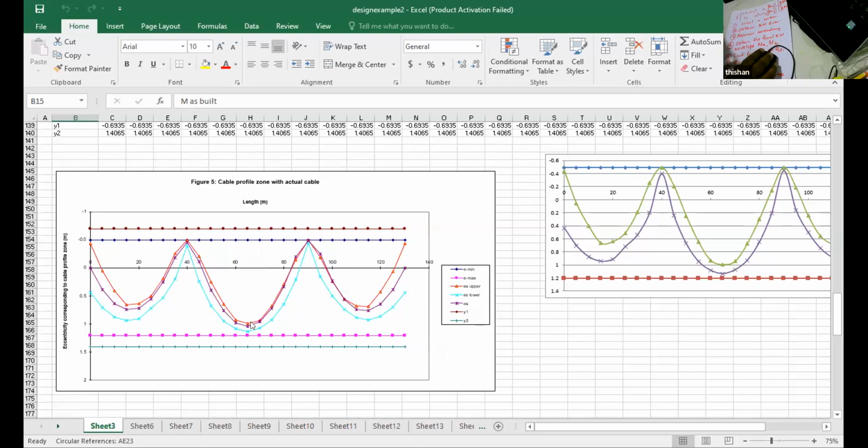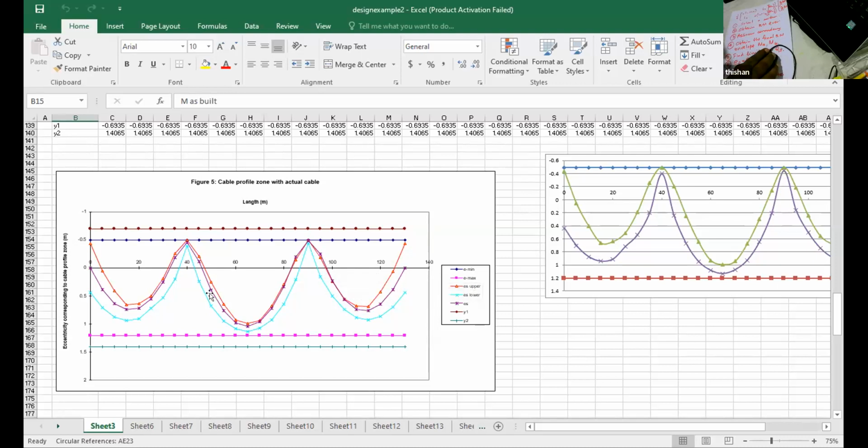And you can see we have done it pretty well, except at this location. Here you can see there's a minor violation, but not a major violation, only a small violation here. And here we are again getting there. So now this is the ES profile.